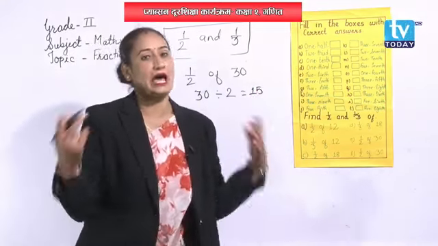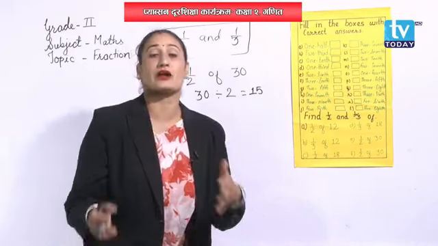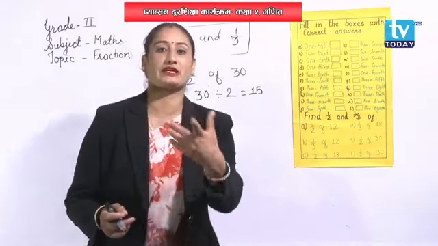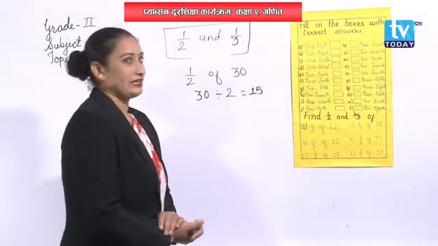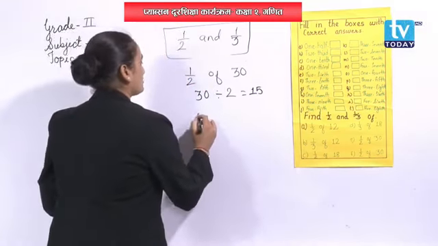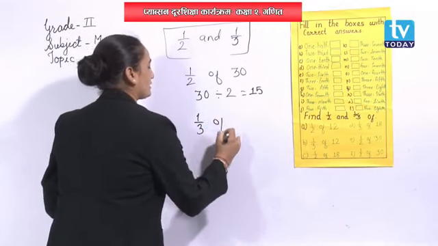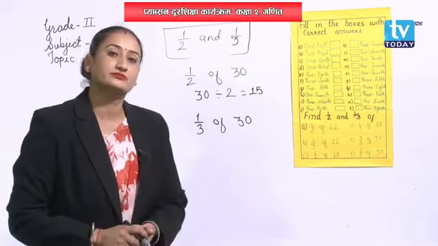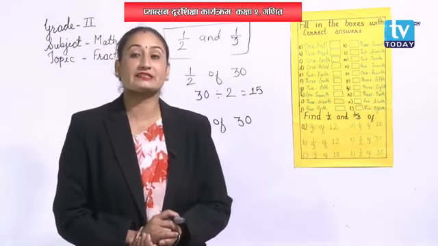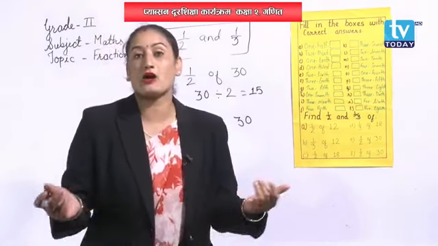lines, 15 apples, 15 bananas, whatever you like to give as the example. Okay. So student, if that 30 needs to be divided into 3 groups, then how to do it? Tell me, each group will get how much?